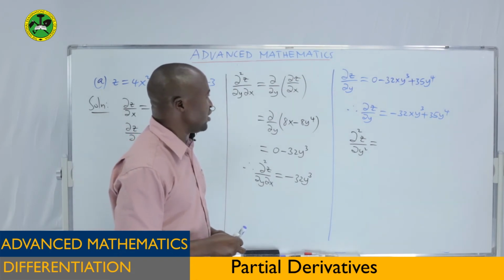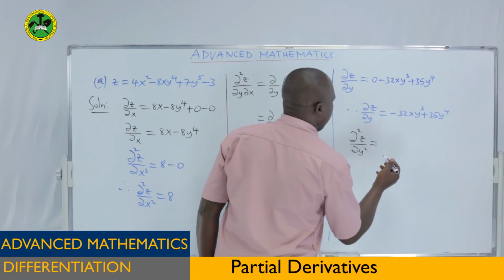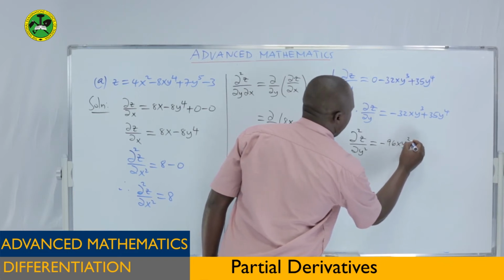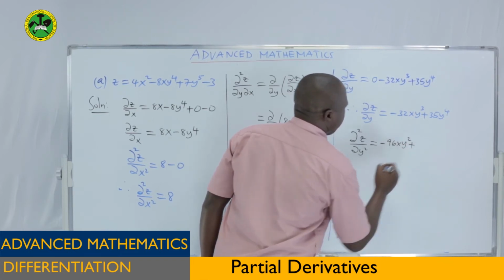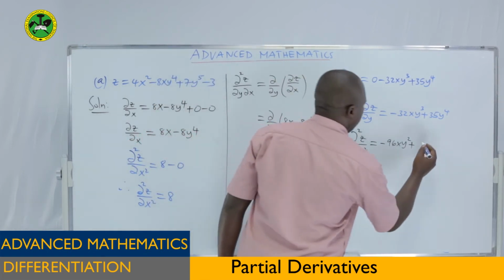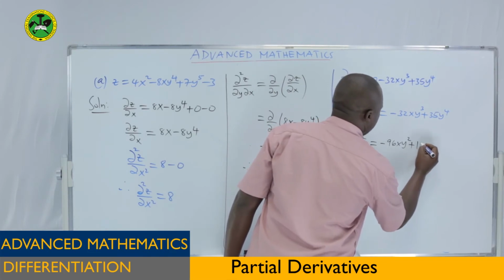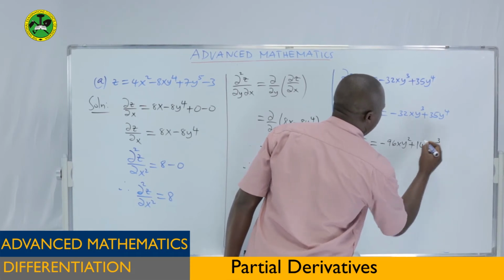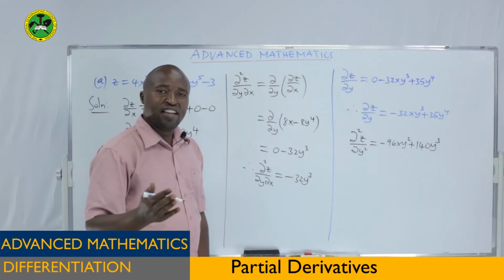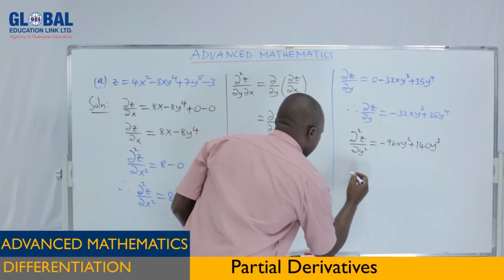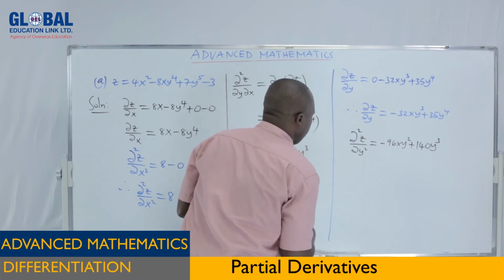Now if x is constant, we are going to have, that is negative 96 xy squared, then plus, we have 35 times 4. This one will be 120y power 3.